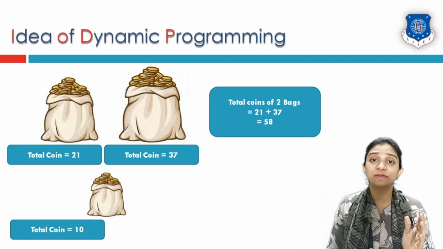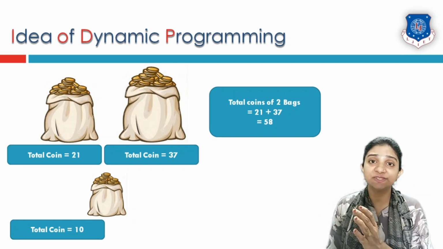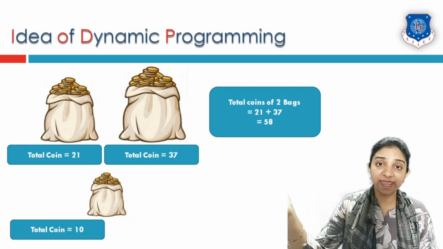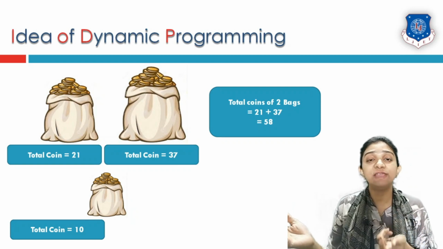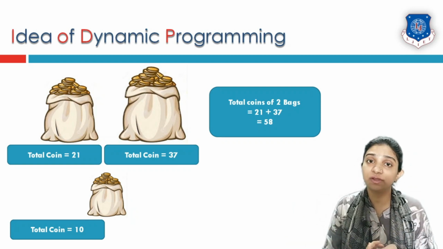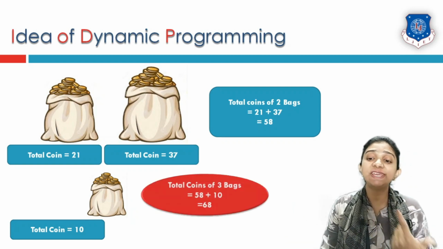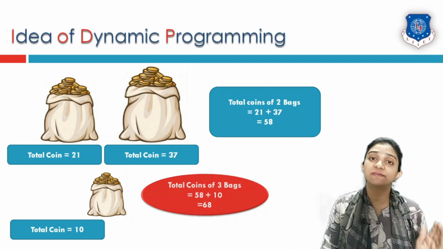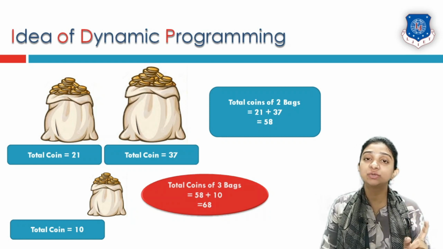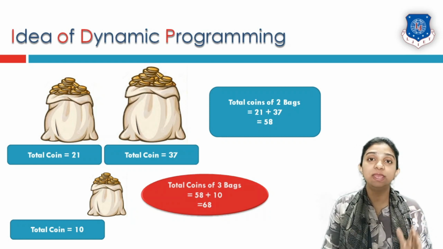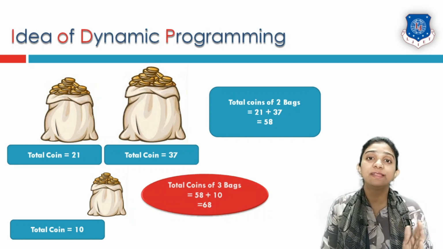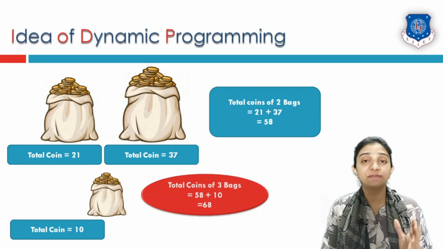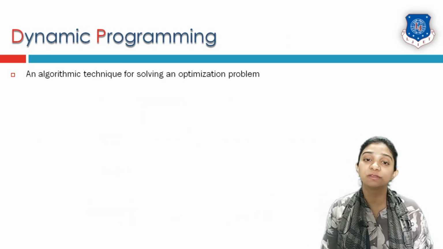Instead of performing 21 plus 37, we have already used the answer of 58. And the third bag, let us say, has 10 coins. So we will do 58 plus 10 instead of 21, 37 and 10. So the total coins of three bags will be 58 plus 10, that is equal to 68 coins. In a similar way dynamic programming works.